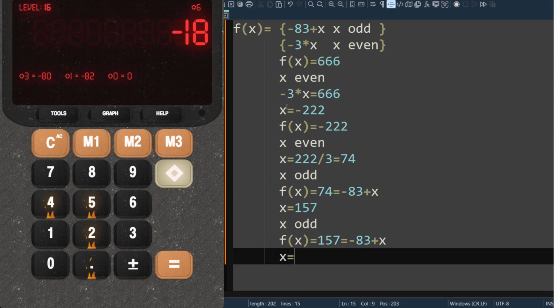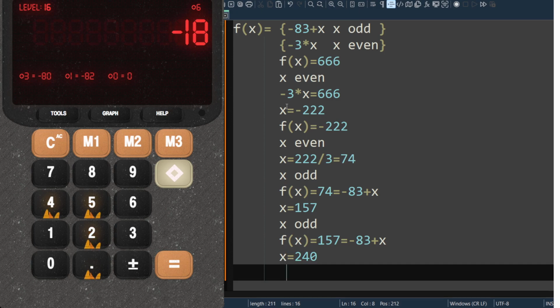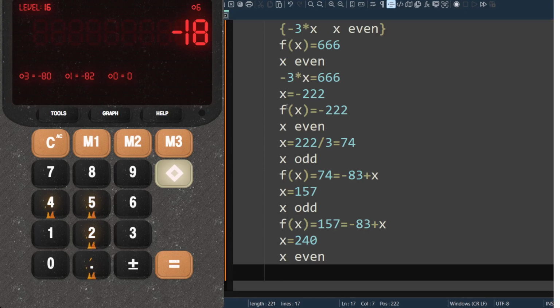So this means x equals 240, I'd say. 240 is also not possible, however this thing can be divided by 3, and if x is even, this has a solution. x even and f of x equals 240.